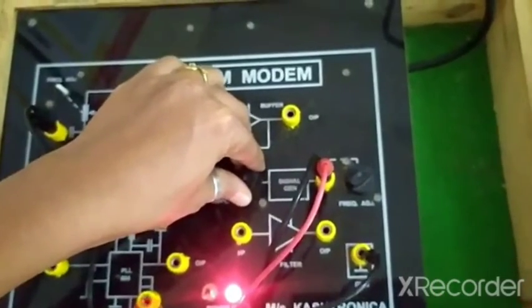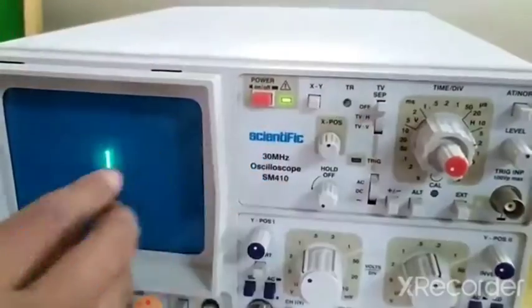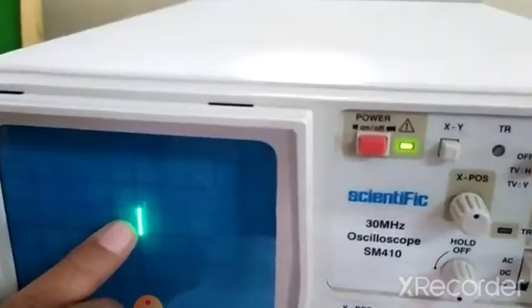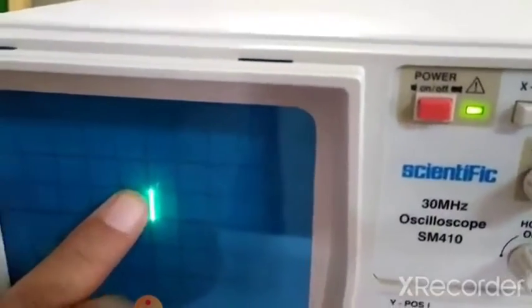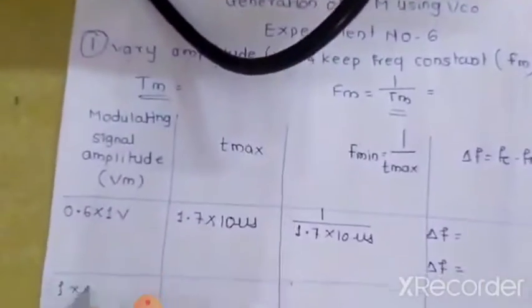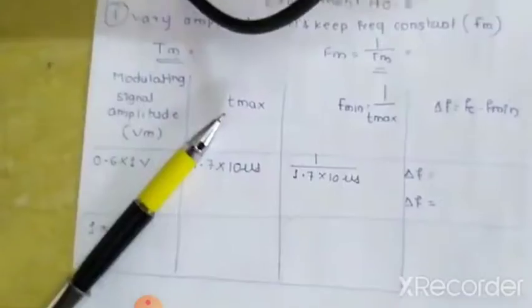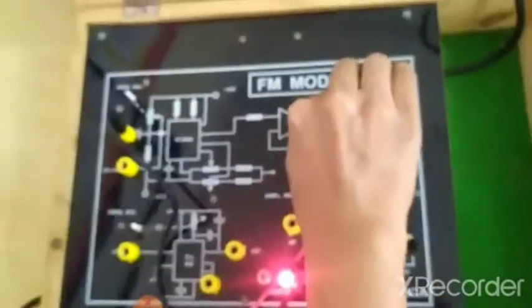This is the amplitude variation adjustment. We can vary the amplitude here. Now the amplitude is at 1 into 1 volt. Now we will calculate the T max.